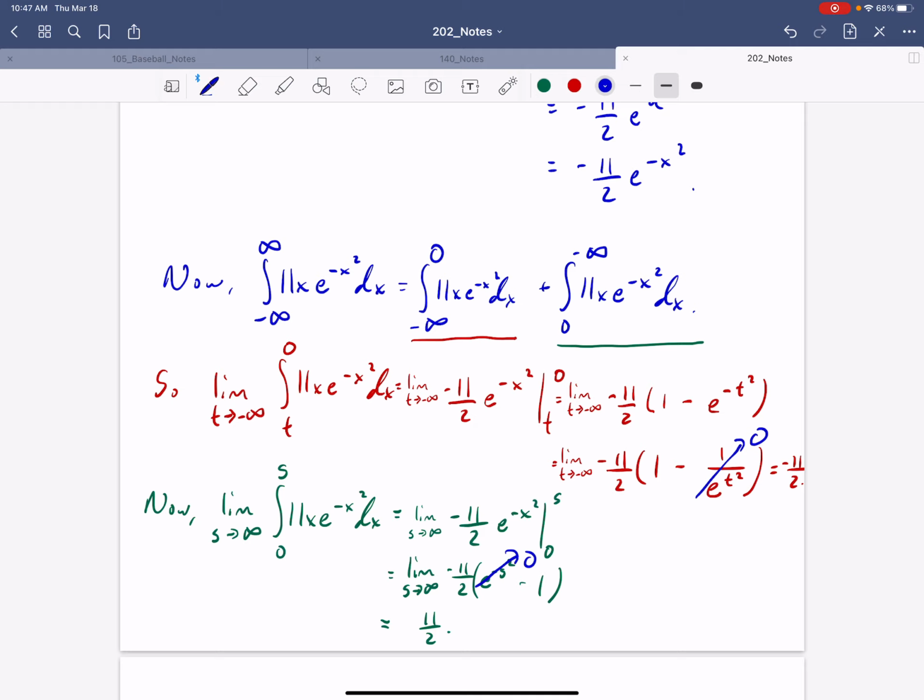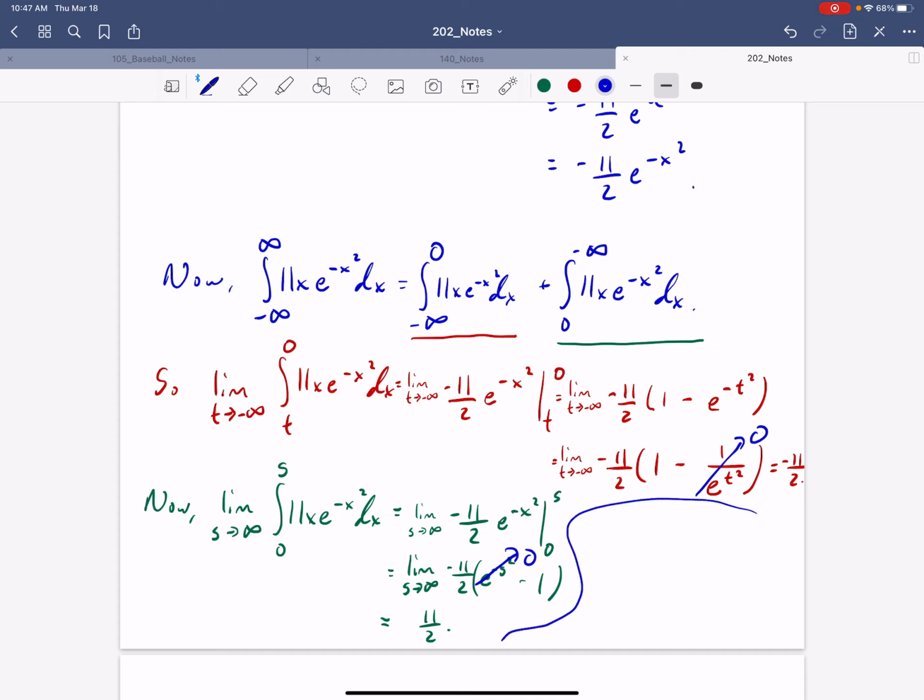Maybe I'll do this in blue here. So the integral converges to negative 11 halves plus 11 halves equals 0. That is totally possible.